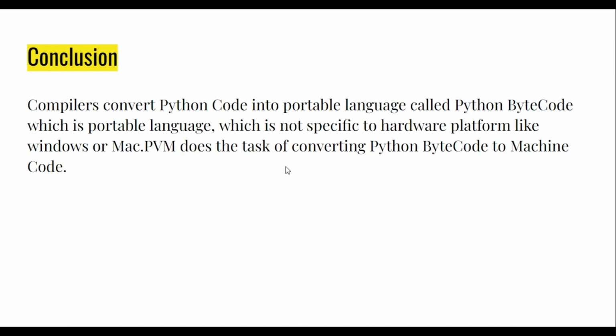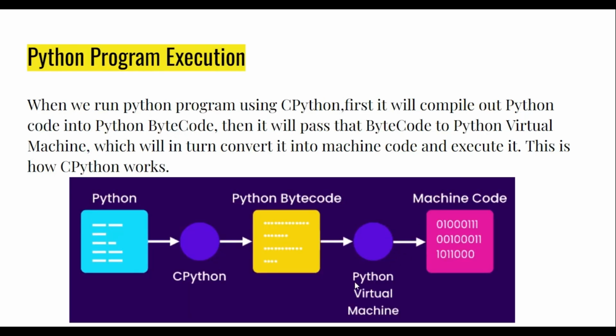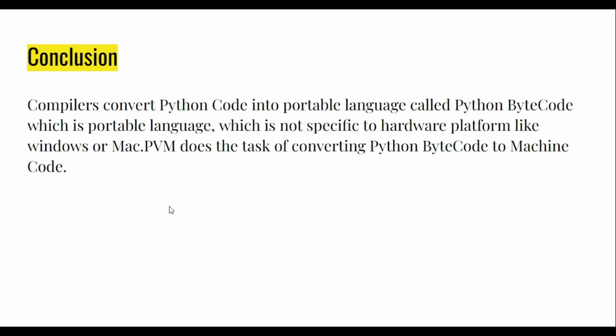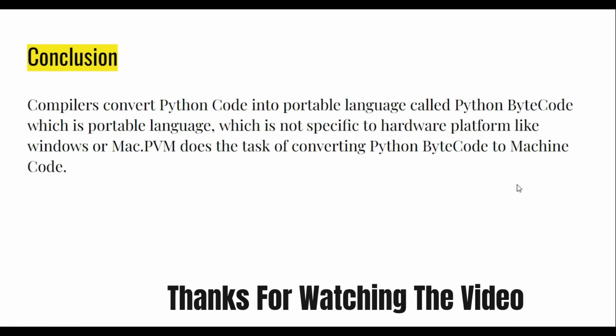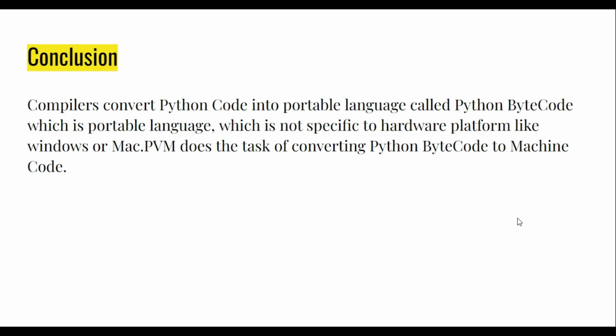Then the PVM does the task of converting Python bytecode to machine code. Means this PVM, that is the Python virtual machine, converts this bytecode into machine code. So I have given the whole processing in short. In this way Python code is getting executed.